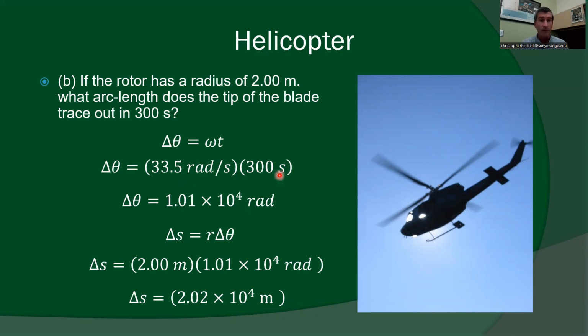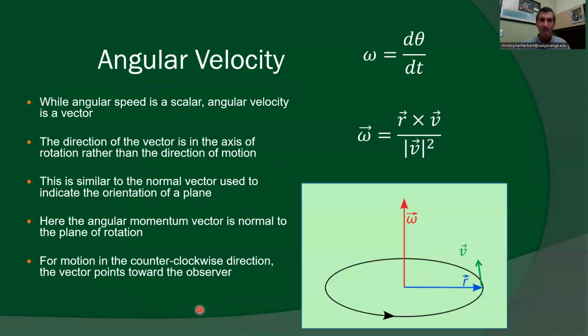We will rotate through a total angle of 10 to the 4 radians. So if we want our arc length distance, we just multiply by the radius, by the number of radians, and that gives us the total distance that the blade tips have gone around, and that is 20,000 meters, or 20 kilometers in 300 seconds.